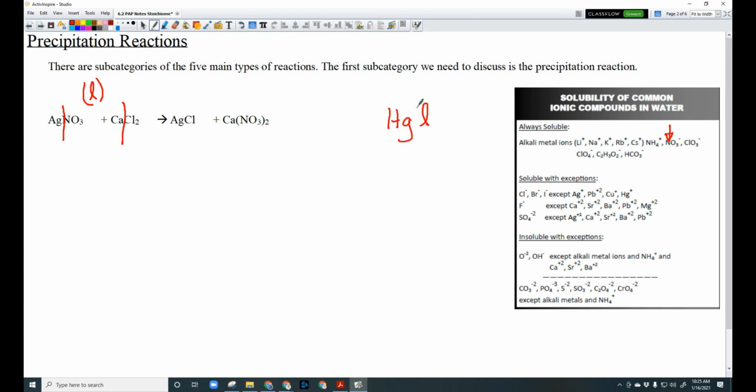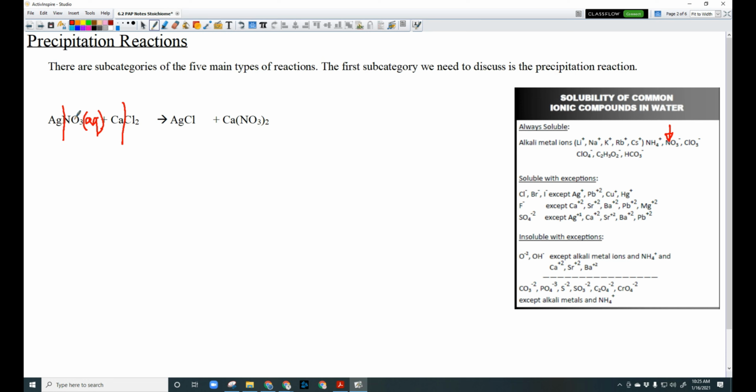Mercury is liquid at room temperature, so that's when we would use L. If it's a compound that's soluble, that means it's soluble in water, and that's when we use the AQ. We talked about the abbreviations we use in chemical equations in 6.1. So AQ is aqueous. It means it's dissolved in water.